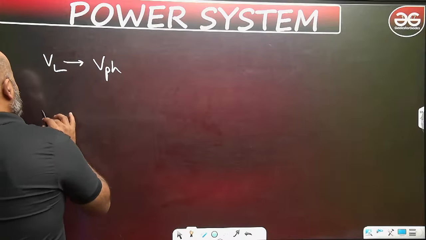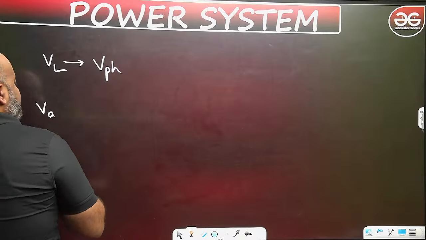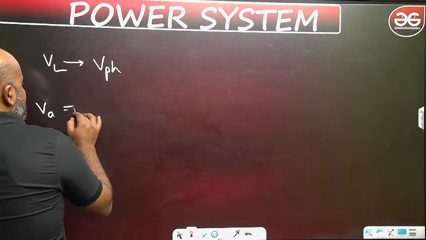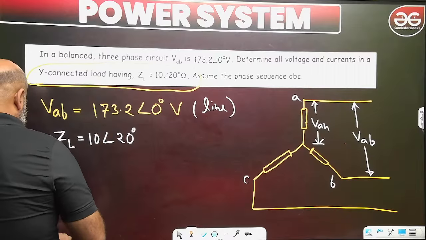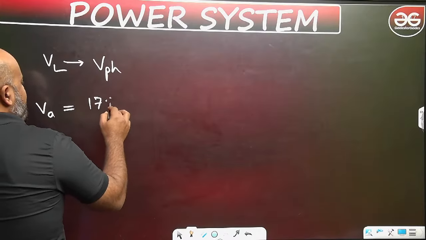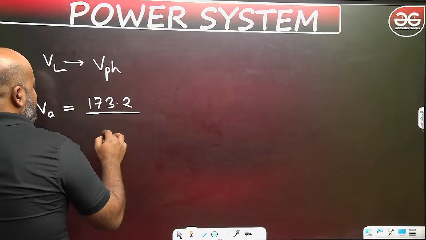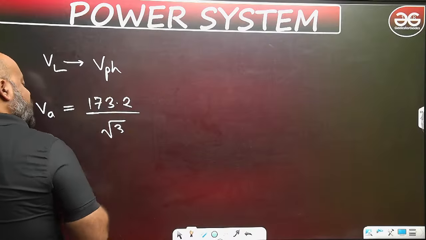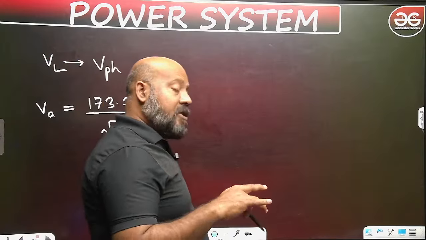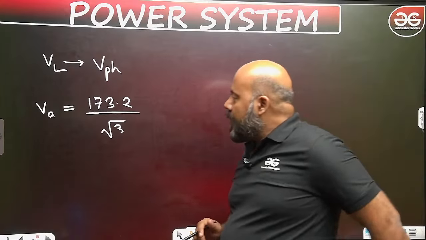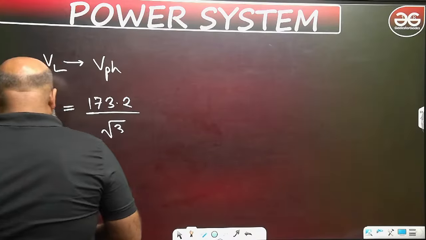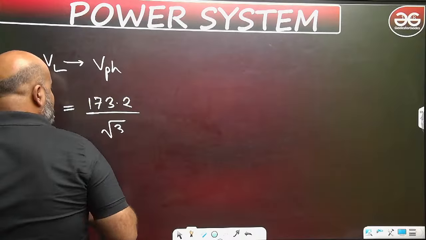Suppose I am writing VA. It is going to be the line voltage 173.2 divided by root 3, because we are writing phase voltage. Line voltage is root 3 times phase voltage, so phase voltage is 1 upon root 3 times line voltage. And its angle is 0.